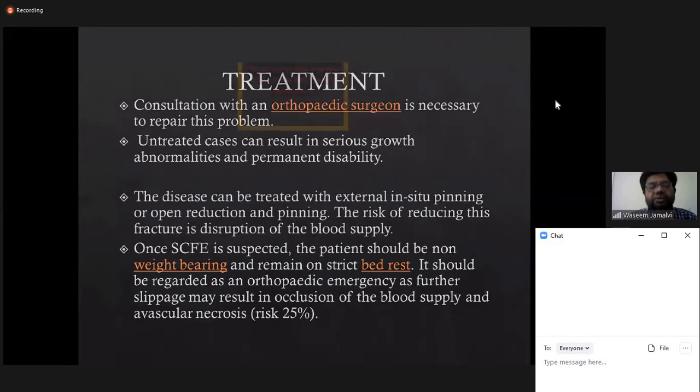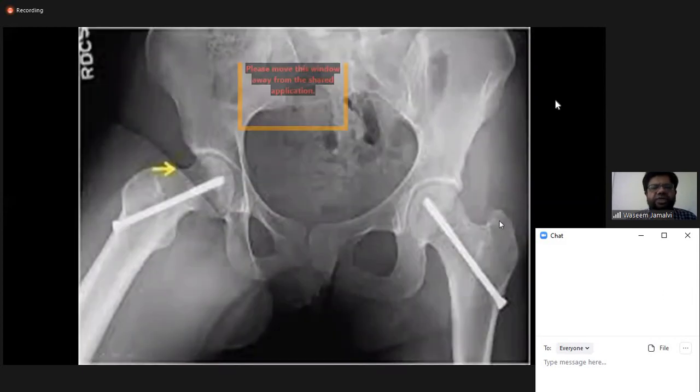Initially they start treatment with bed rest, and it should be regarded as an orthopedic emergency, as further slippage may result in occlusion of the blood supply and avascular necrosis. It starts with slipped capital femoral epiphysis and can then convert to Legg-Calvé-Perthes as well. And in 25% of children, if not treated early, there is a chance of this complication.